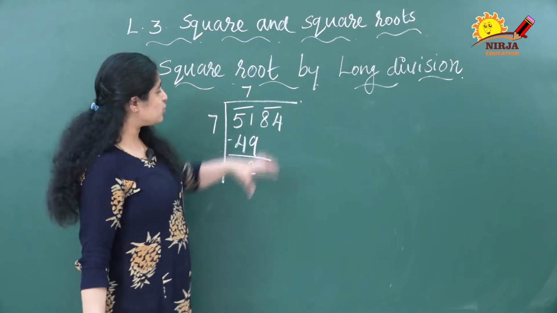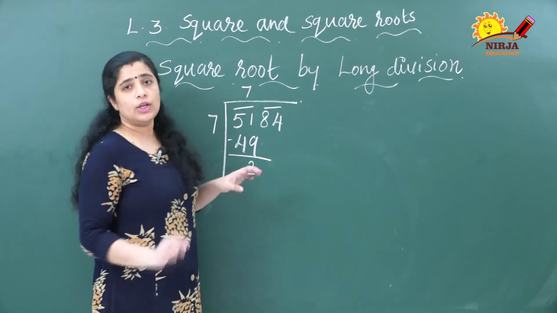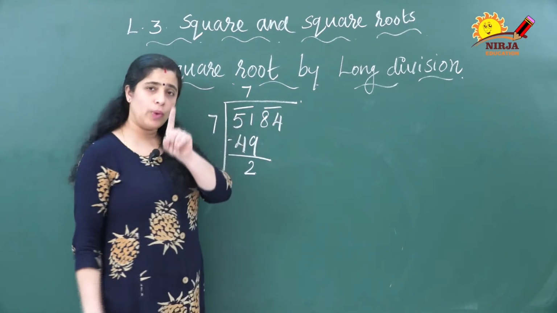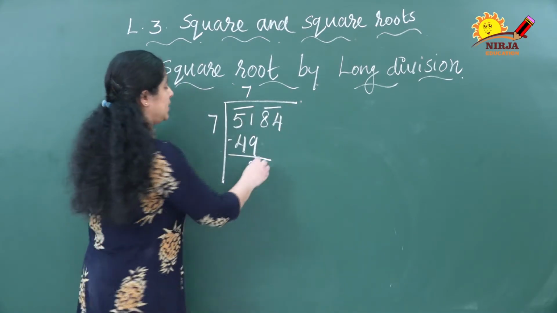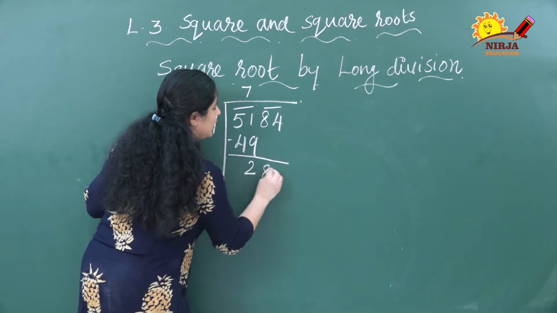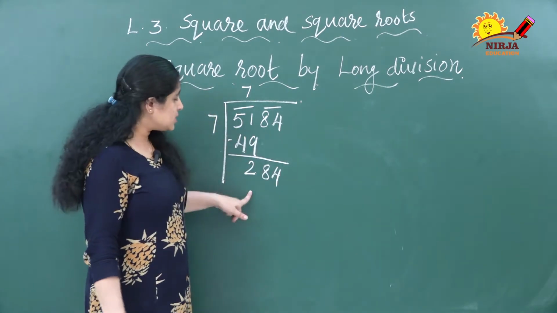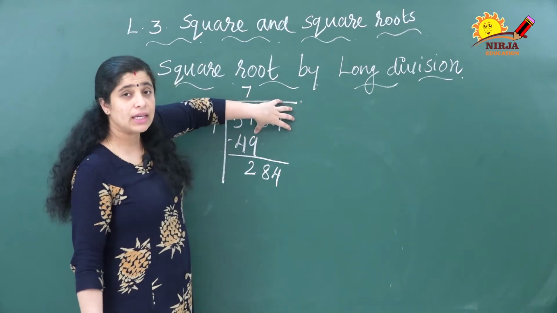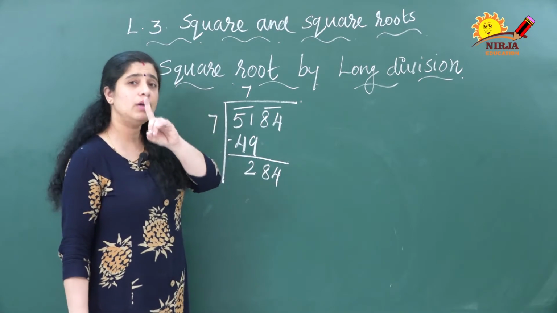After that you have to take the whole pair down. In normal division we take only one number, but here you have to take the whole pair. So 284 you will get. Is it clear? After subtraction you have to take the whole pair down, not the single number.